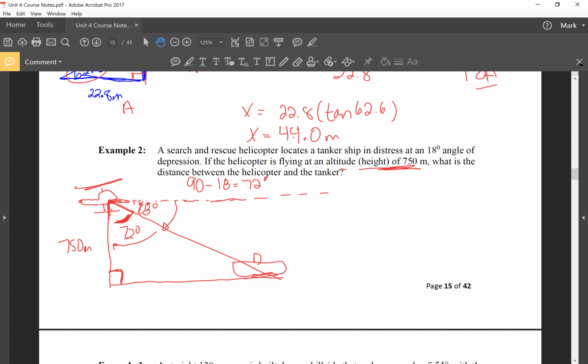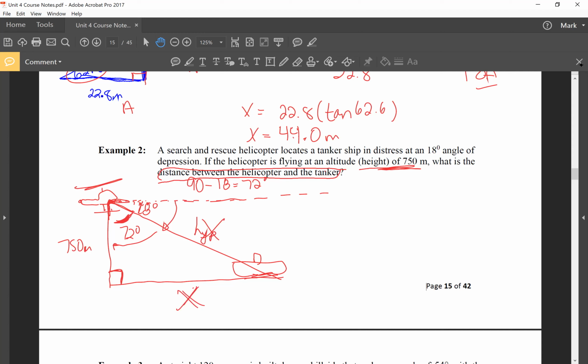Okay, so I'm trying to find the distance between the helicopter and the tanker. Well, that's x. I don't care about the hypotenuse. And in a lot of these questions, you won't bother with the hypotenuse. I only care about the distance from the helicopter to the tanker. Oh, no, wait, sorry.